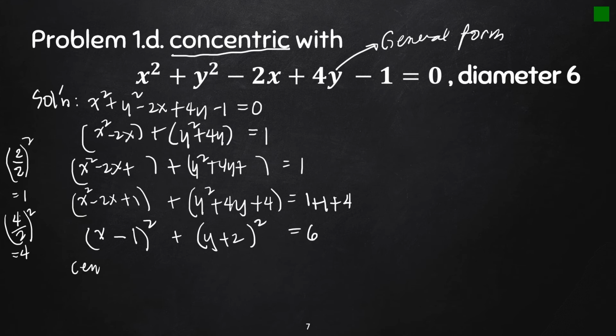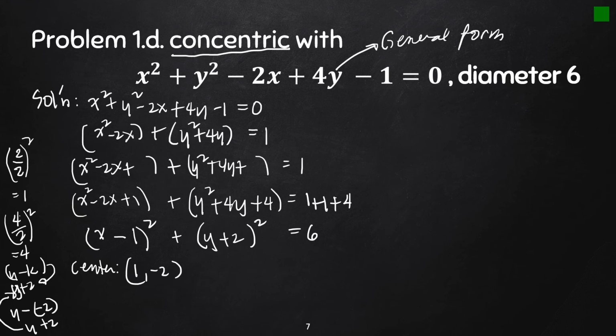Therefore, the center of the circle, which is concentric to the circle we are looking for, is 1, negative 2. Negative 2 because y plus 2 should have been y minus k, if you can remember. So since it is like that, this must be y minus negative 2. That's why it becomes y plus 2.